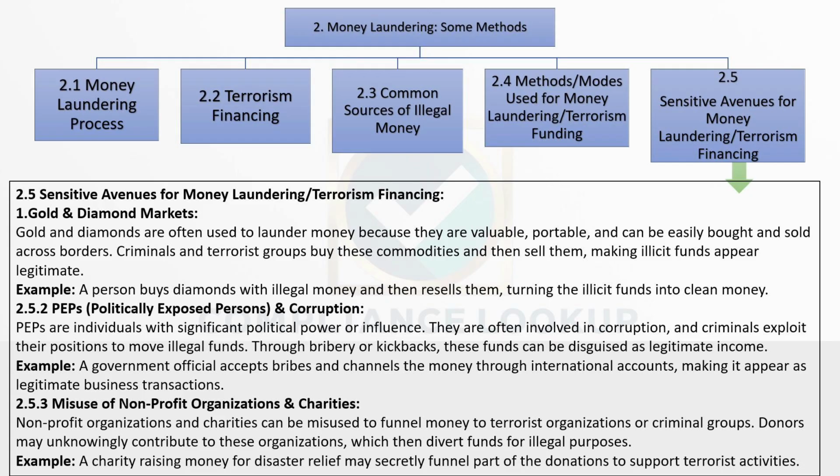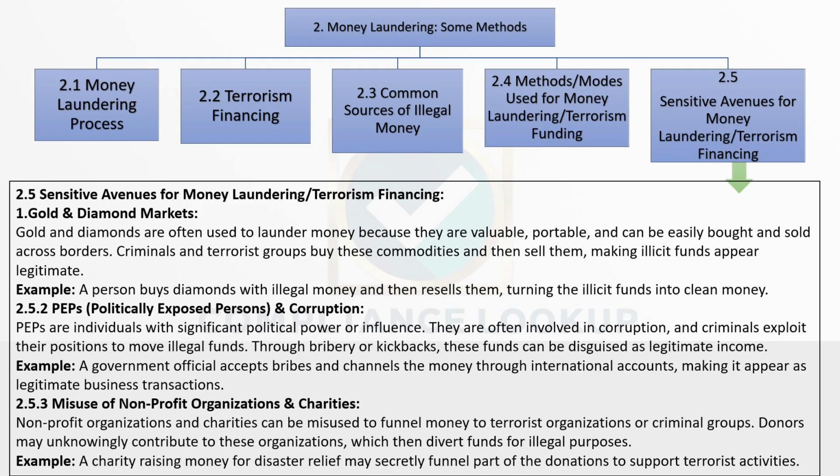Criminals may exploit the influence of PEPs to move illegal funds through political or government channels. PEPs may use their authority to mask the illicit origin of funds, disguising them as legitimate earnings or investments. Through bribes or manipulated contracts, the money can be funneled into international accounts, making it appear as legitimate income.